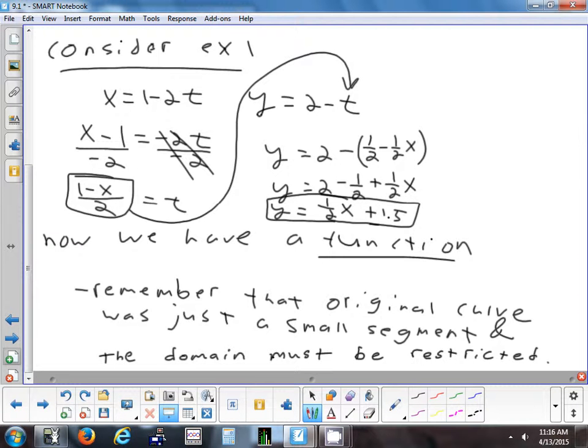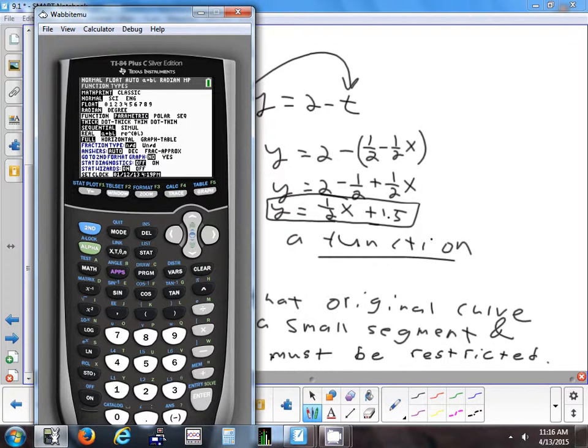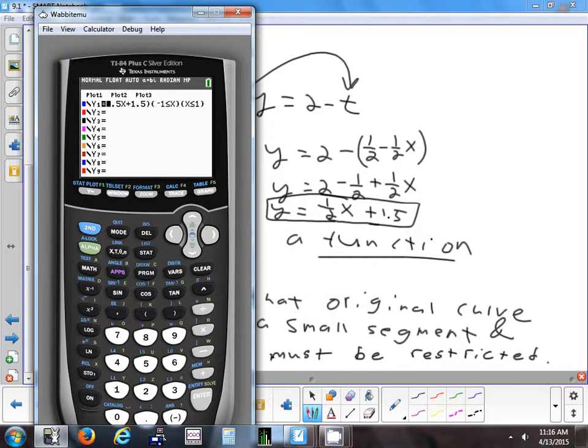All right. So what I'm going to do is go back to function. And I already have it typed in. I've got 0.5x plus 1.5. But I only want to draw it when x is greater than -1 and x is less than +1.